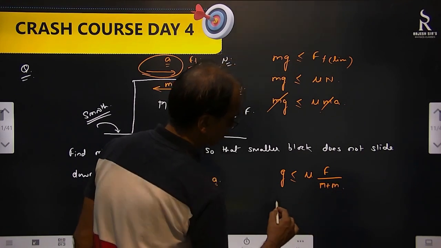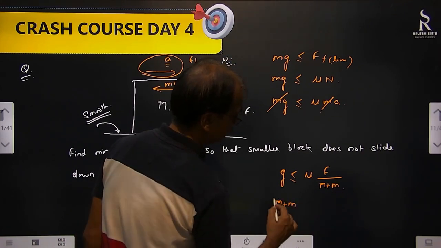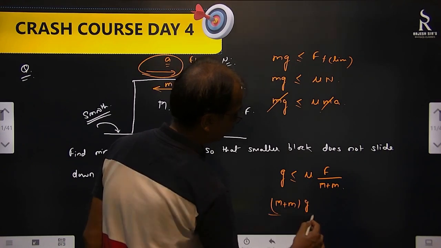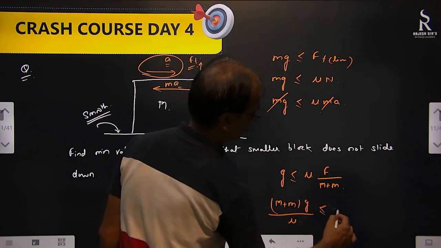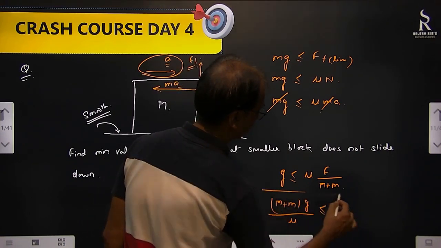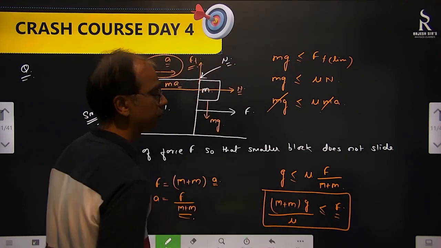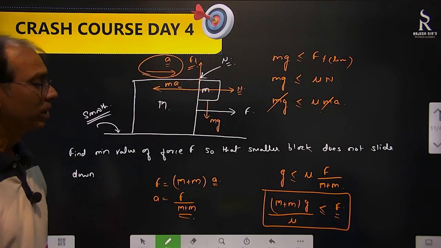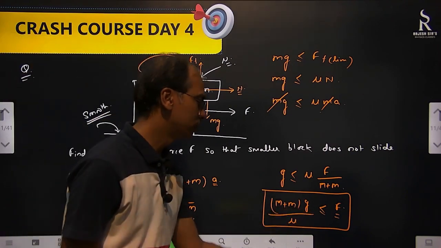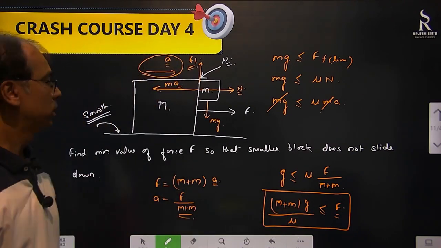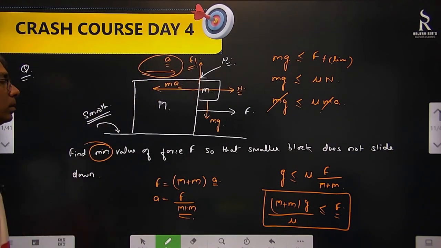So (M plus M) into g by mu, F should be either equal to this or greater than this. Minimum value he is asking means equal to this. So F value should be (M plus M) into g by mu.